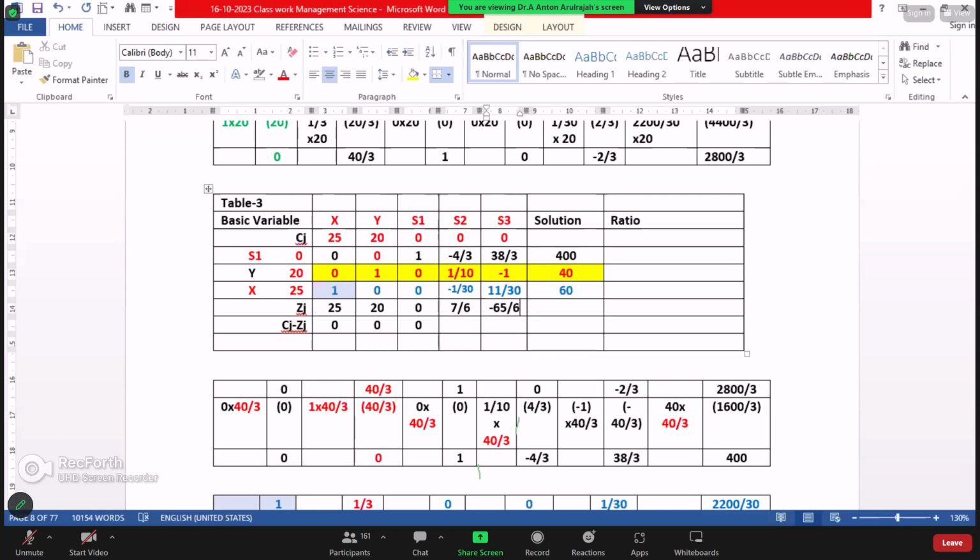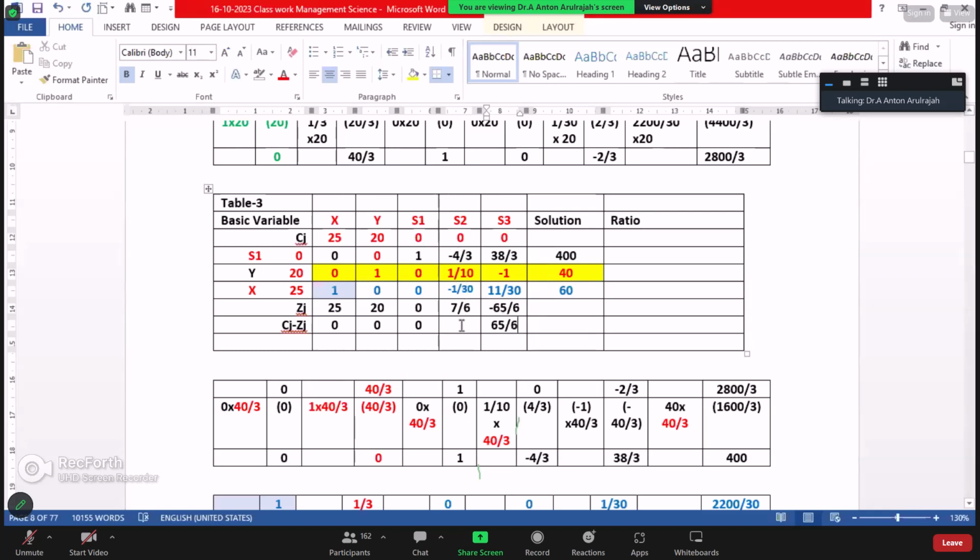Then 25 has to multiply by 1 by, plus 5 by 6 minus 0, also this plus 65 by 6.